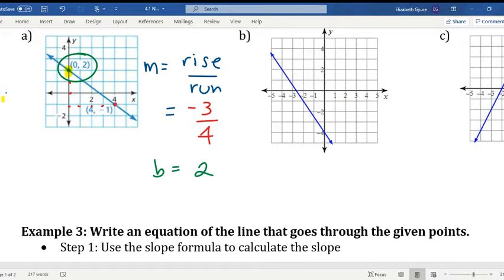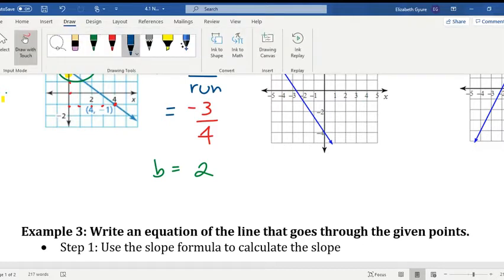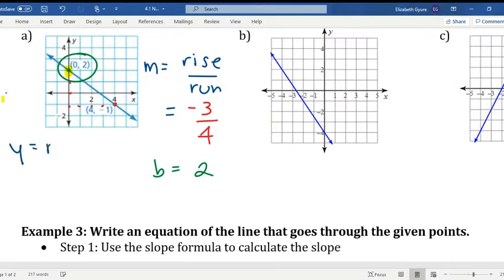You don't really need the 0 part, right? Okay, so now I have m and I have b. Do I have everything I need to plug into y equals mx plus b? Yeah, I have m and I have b, so that's really all I need. So remember, it's y equals mx plus b. If you're unsure, do I have m? Yes. Do I have b?